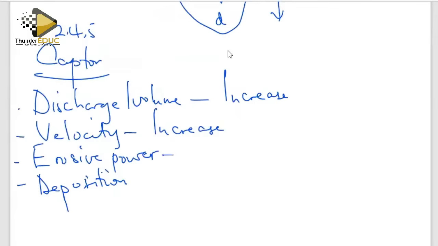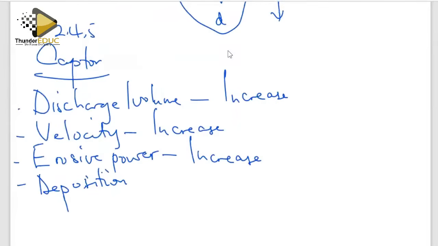In terms of erosive power, the erosion is also going to increase because now the river has high velocity. It means it has more energy and is likely to cause more erosion.